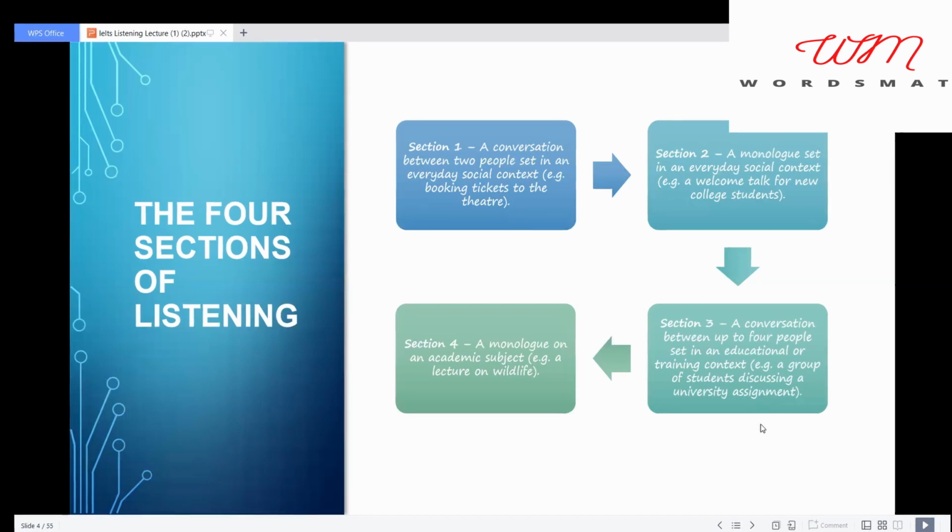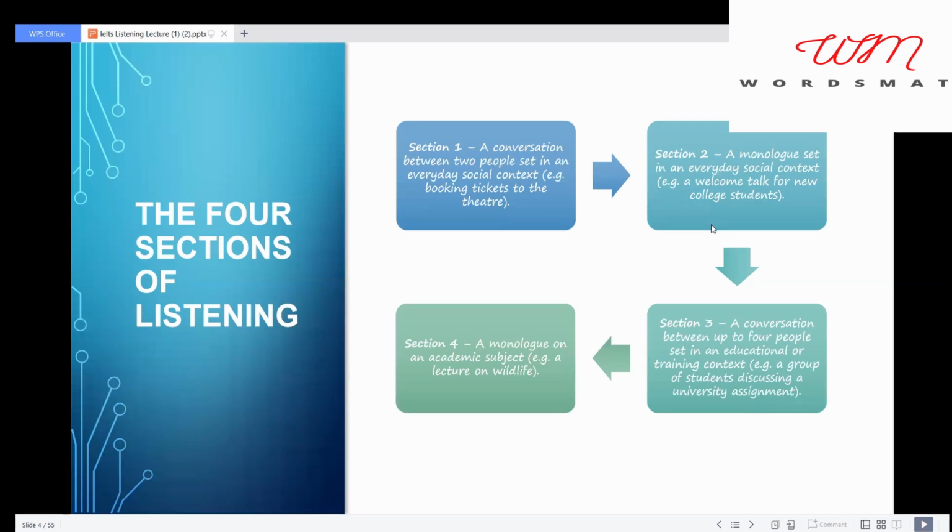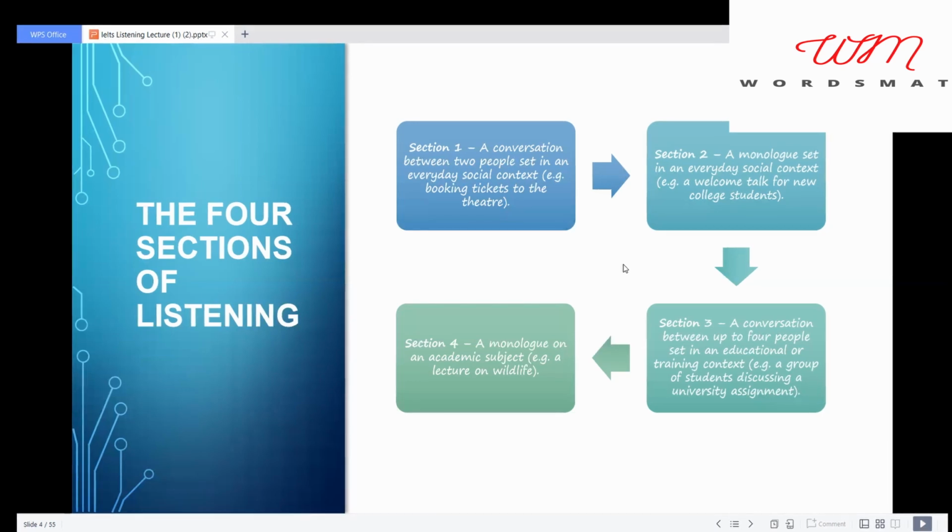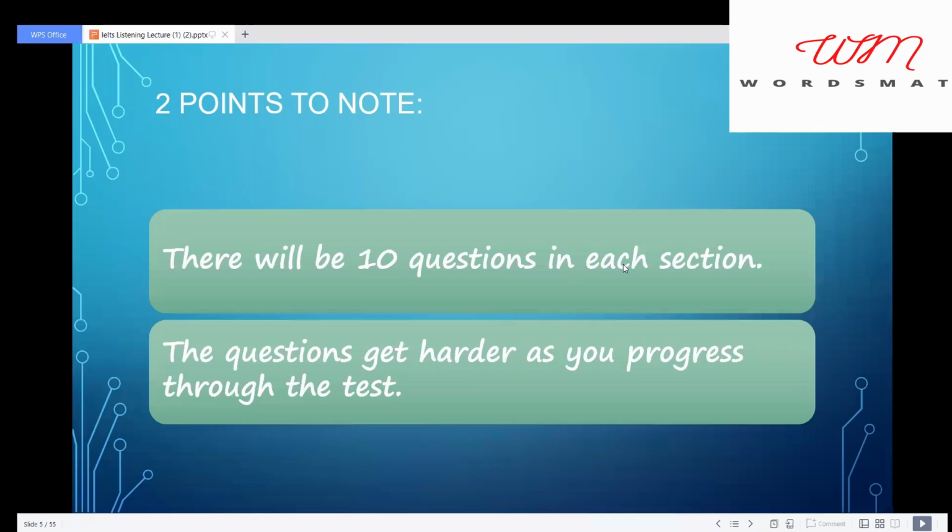That's all about it. And the interesting thing is that we have a total of 40 questions, so in each section, you will have 10 questions. So we have 4 sections in total and the total number of questions would be 40. Now, I would like to mention 2 important points to be noted.